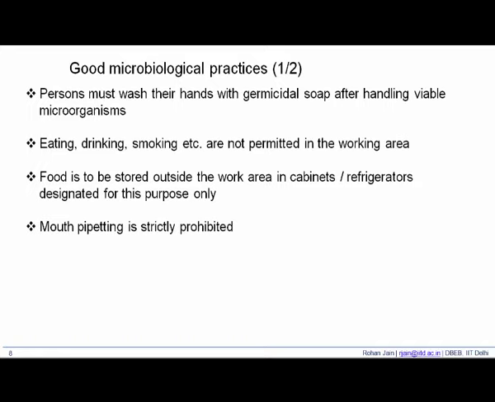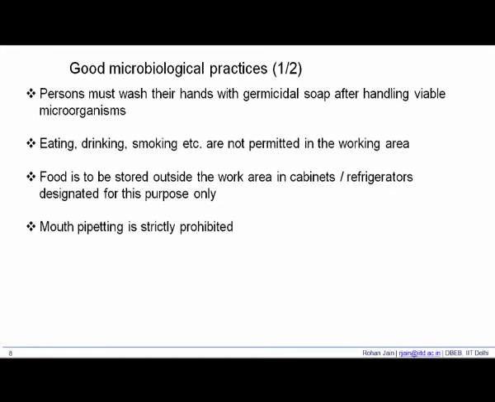Before you have worked with it, you will sanitize your hands with soap and then with ethanol, and after you have worked with it, again you will sanitize your hands with soap and then ethanol. This is a good practice always, because if you do not do it, then you cannot be sure whether the microorganisms that you are working with will remain pure, because they may get contaminated. That is the first part.